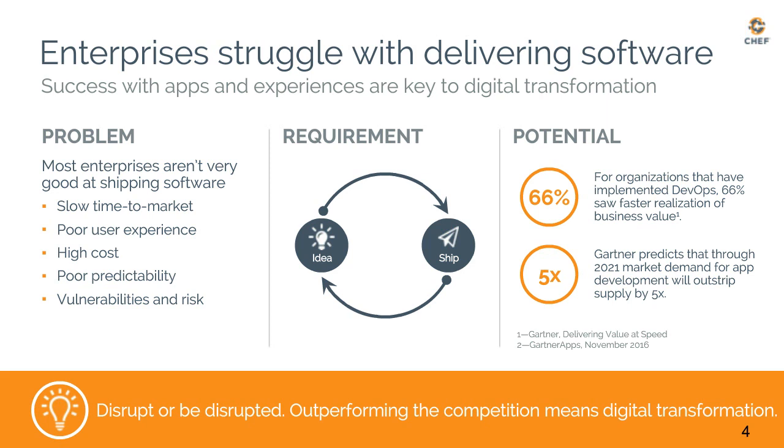What we've seen in customers and enterprises that have really invested in and successfully implemented DevOps and the software tooling around DevOps is that 66% now see faster realization of business value. And Gartner predicts that through 2025, market demand for application development will outstrip supply by 5 times. So the market opportunity is huge, but we need to do some work to really be able to capitalize on it.